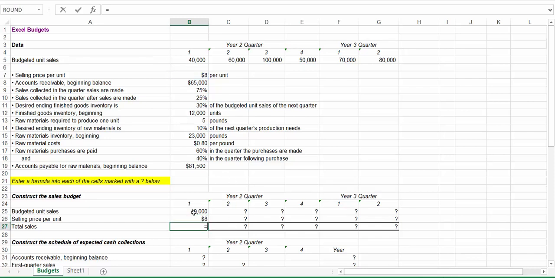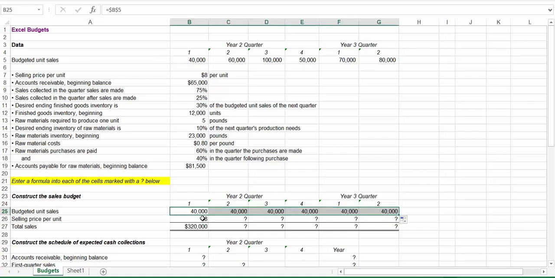So our sales are going to be equal to the number of units we sell times the selling price per unit. Now if you make this an absolute reference, you can make your life easy, right? And then we'll just drag that across. Same thing with the 8. Make the 8 an absolute reference by clicking on F4, by the way. Drag that across, and then drag your formula across, and you have all of your sales.